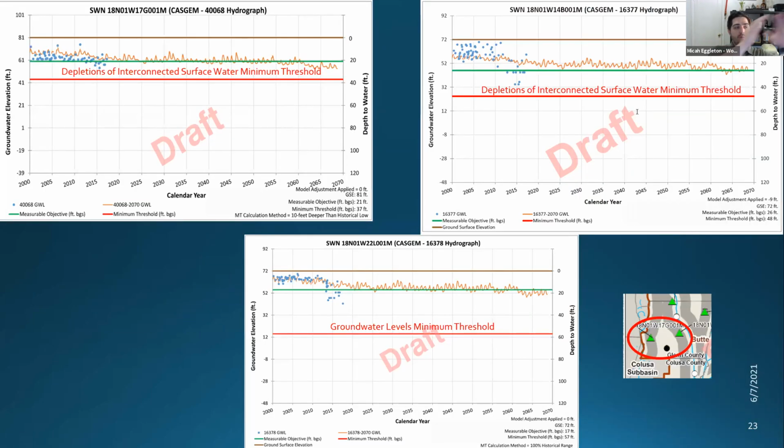You can see that our interconnected surface water threshold for this well is a little bit higher, but totally conforms to the general trend of the measurements provided in this hydrograph. In the middle, where it's away from the surface water bodies, there are no GDEs in the area. It's part of the regular groundwater level monitoring network.